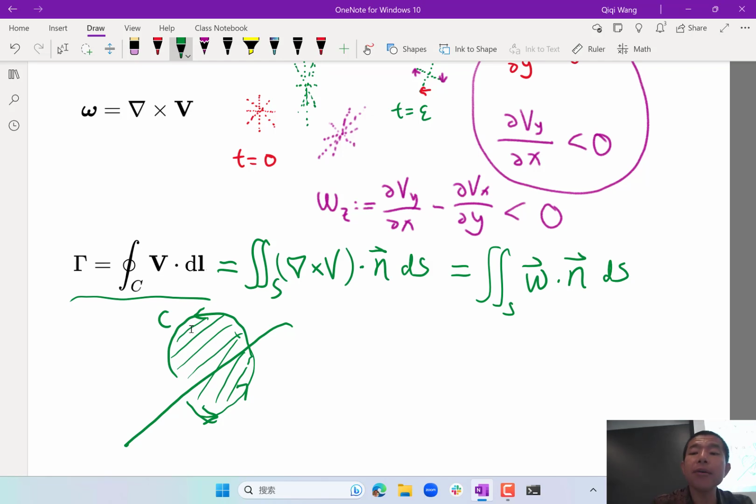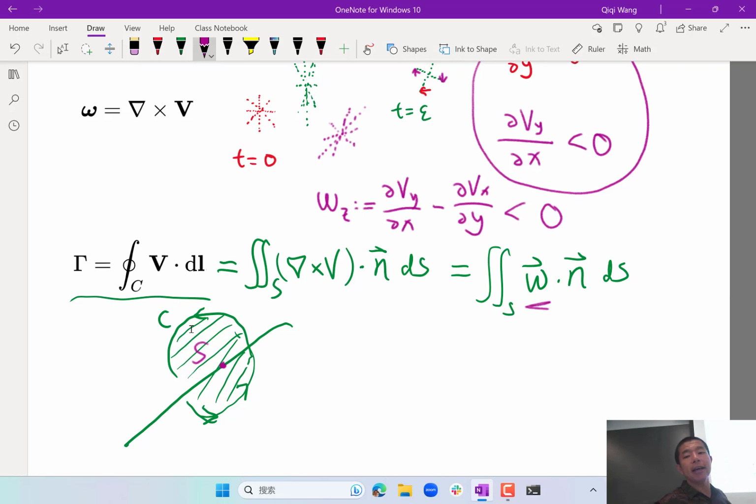That means when you integrate over this S, so let's denote this with S, only a very small portion that intersects with the vortex itself has non-zero omega in it. The rest of the portion, the whole green area minus the small purple area, has 0 omega.